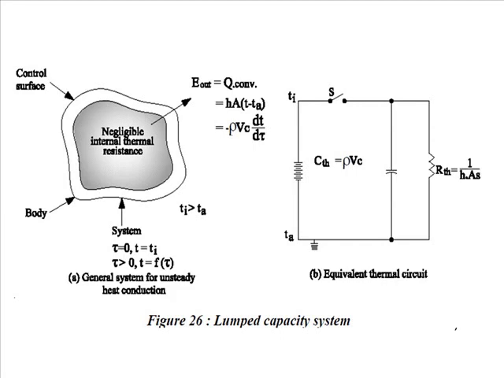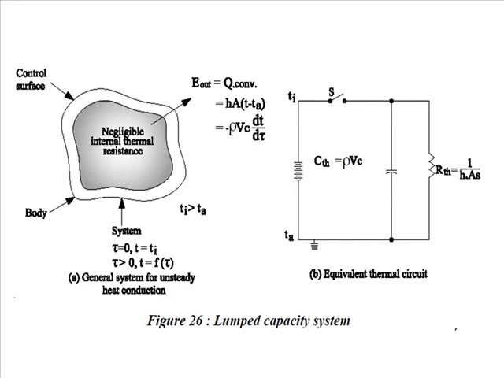The equivalent thermal circuit indicates C TH, the thermal capacitance, whose value equals rho c V; S, a switch that will either complete or break the circuit; and R TS, the thermal resistance offered, whose value is 1 upon h A s, the convection resistance.